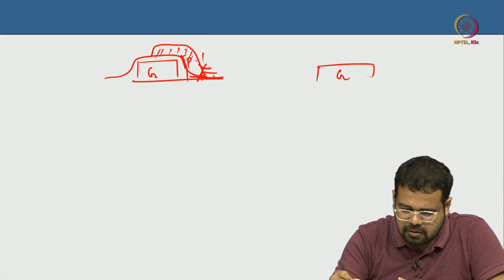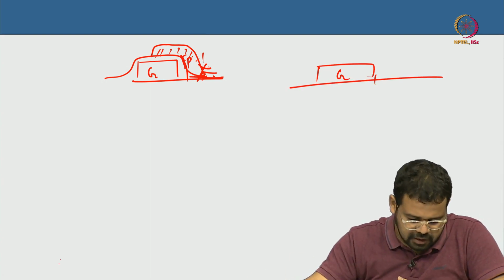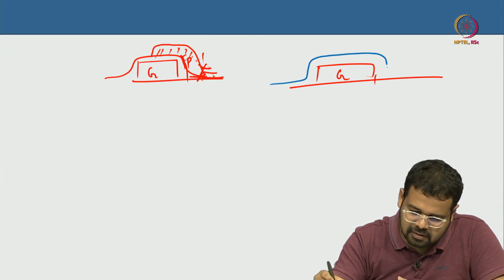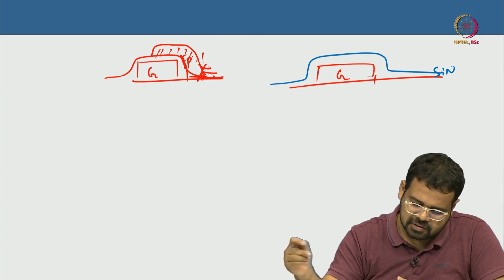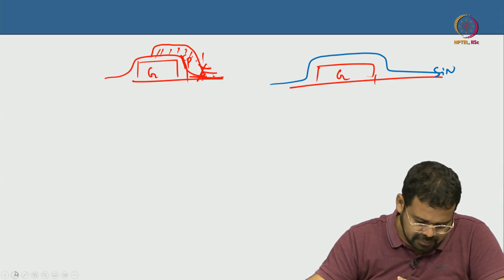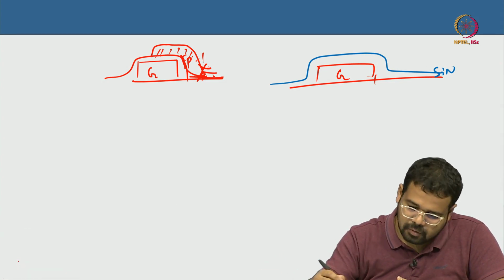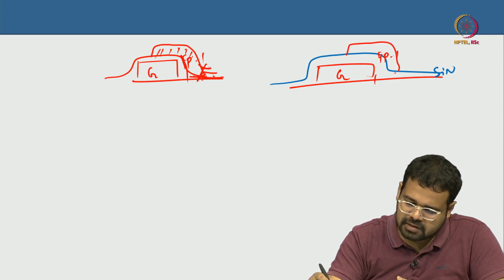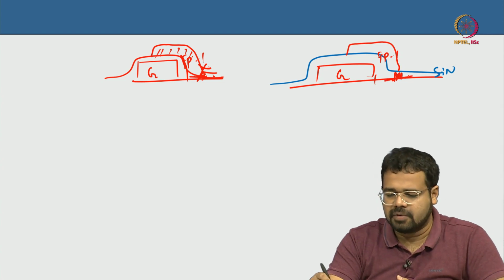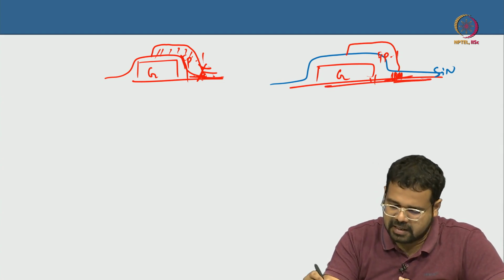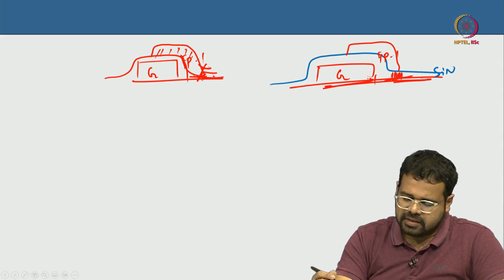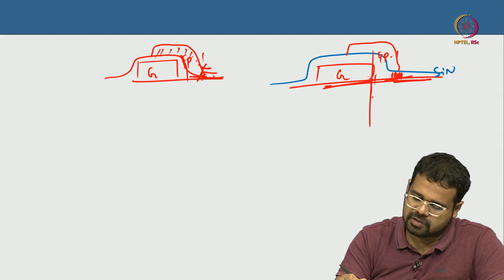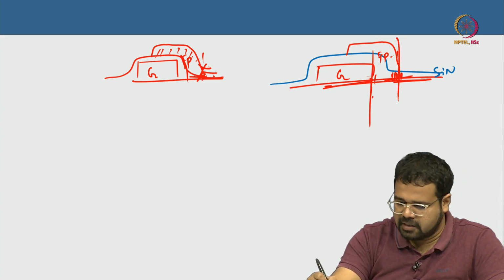So you have the gate, okay, and then I will use the blue color for the dielectric, like silicon nitride for instance, and then the field plate metal will come out, and you can see that the field plate metal is physically away from the GaN surface compared to the gate. So what is happening is that at this edge the electric field peak is reduced and an electric field peak is introduced at this edge also.